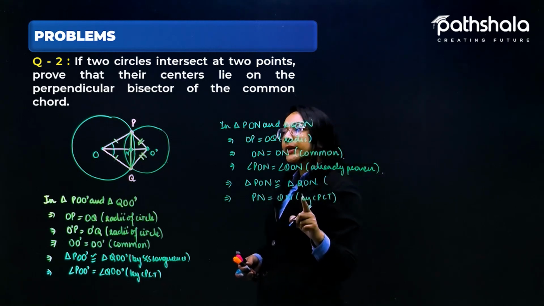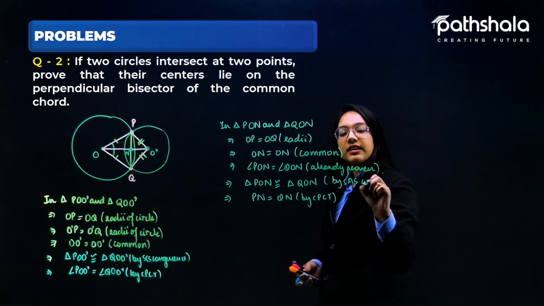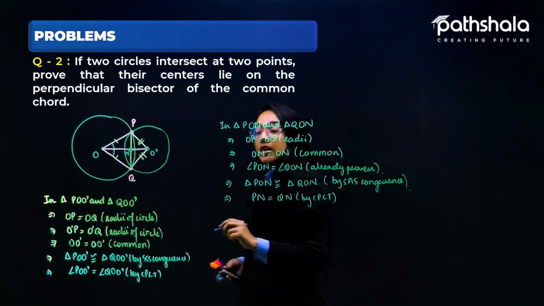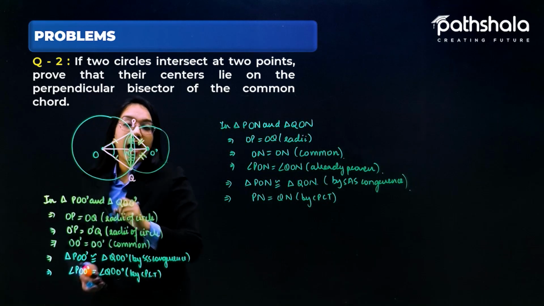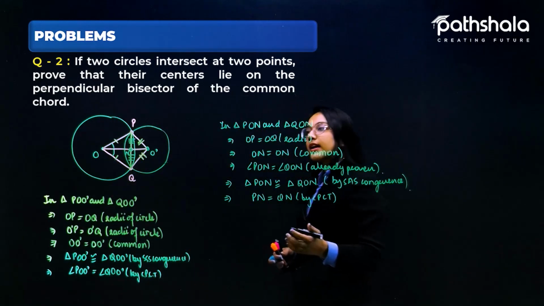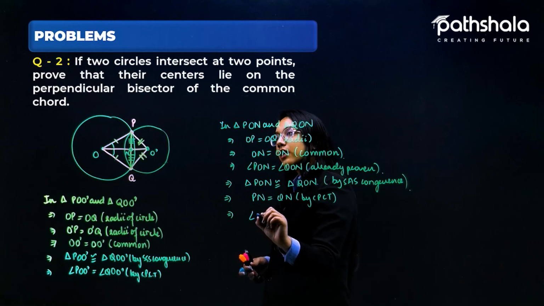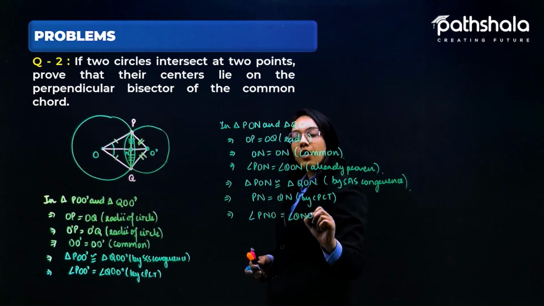By CPCT, we can say that this side is equal to this side, and moreover the angle PNO is equal to the angle QNO.